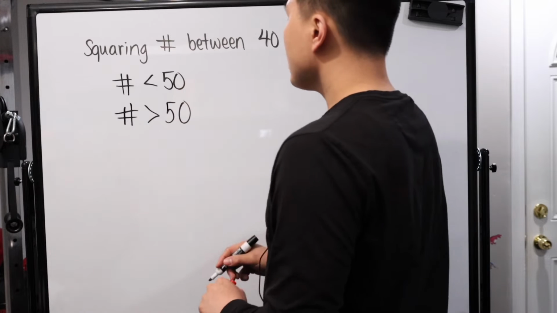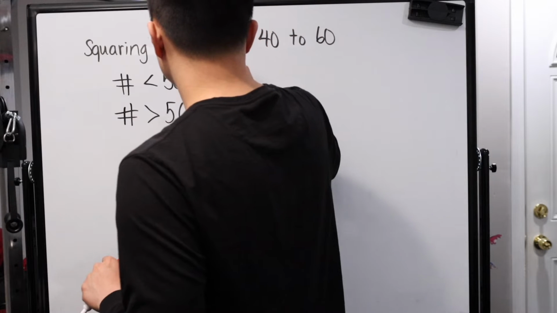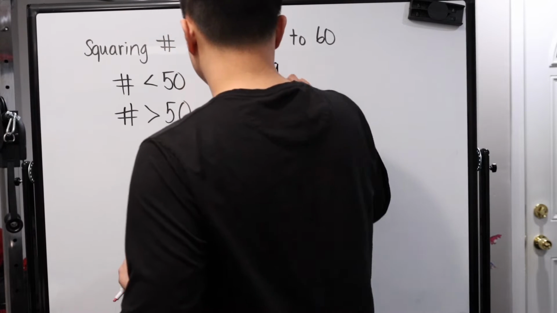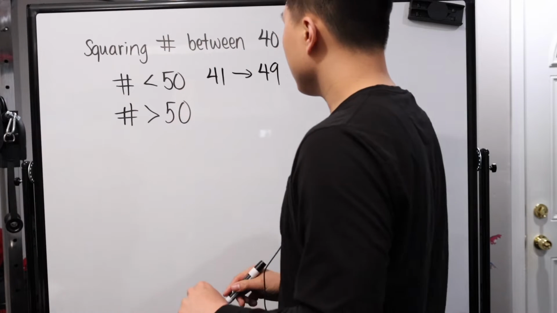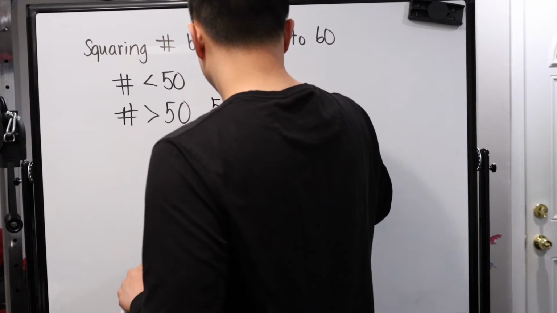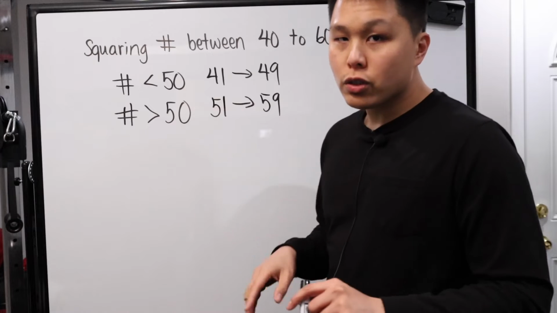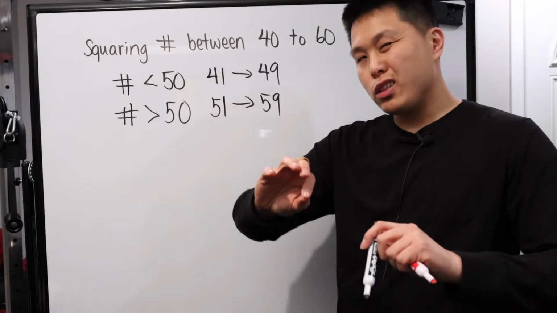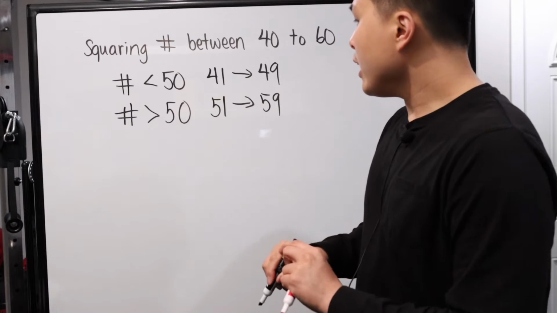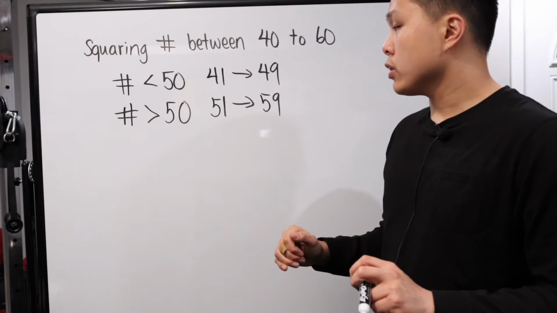Numbers less than 50 are everything from 41 all the way to 49, and numbers greater than 50 are 51 all the way to 59. So there are two sets of rules that differ only very slightly, and any number between 40 and 60 will fall under one of these two categories.